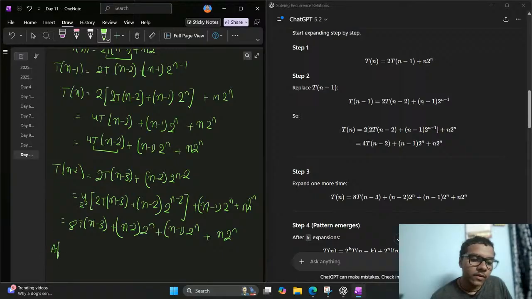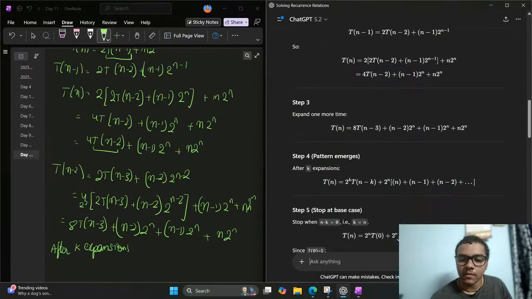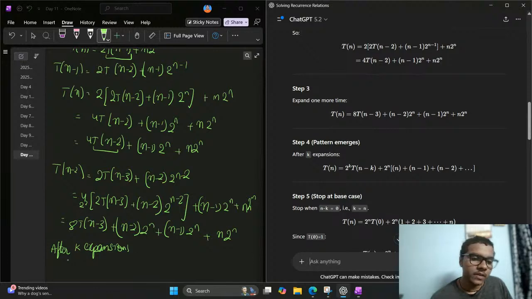So after k expansions, it will become, right, you got this one and this one. After 3 expansions, it became this.